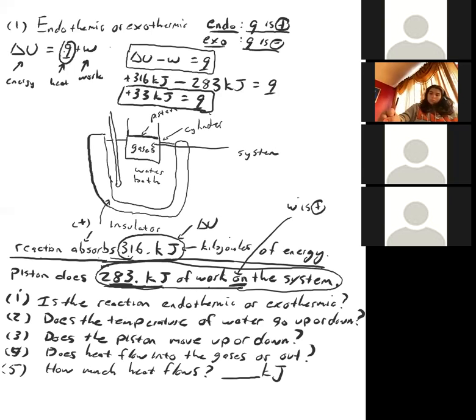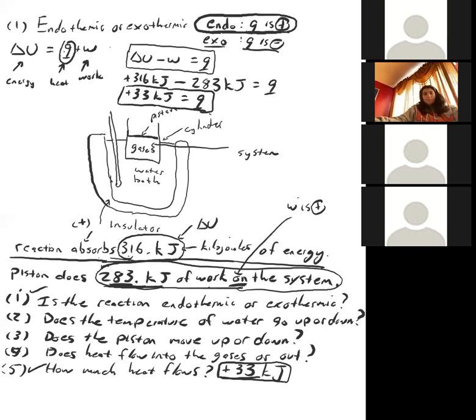So if it's positive, that means it's endothermic, right? Q is positive when it's endothermic. So our answer is, for question 1, it's endothermic. But we also get the answer to question 5. It's 33 kilojoules. So we also have that one as well. So question 1 is done. It's endothermic. Question 5 is done. It's 33 kilojoules of heat is flowing in.